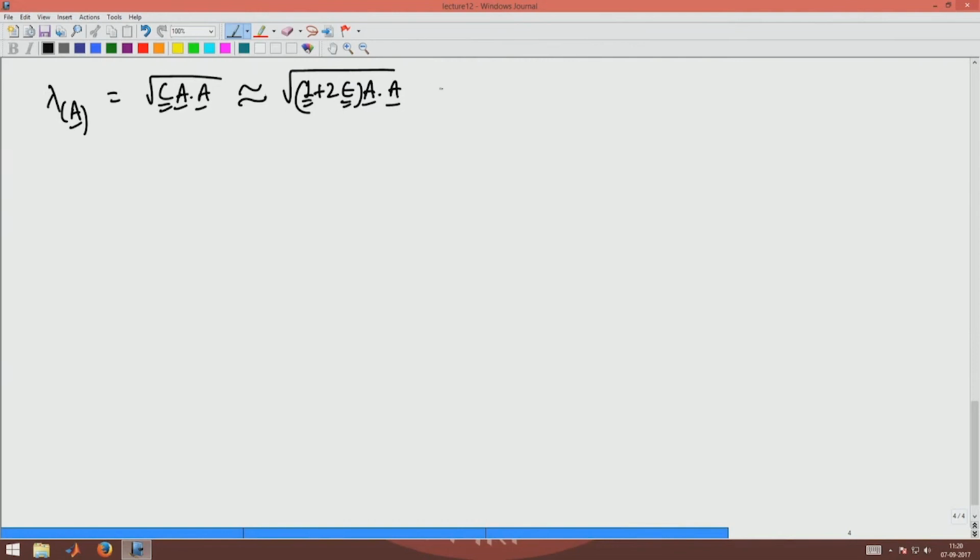So, let us expand this further. This will be root of 1 times A dot with A plus 2 times epsilon A dot with A.